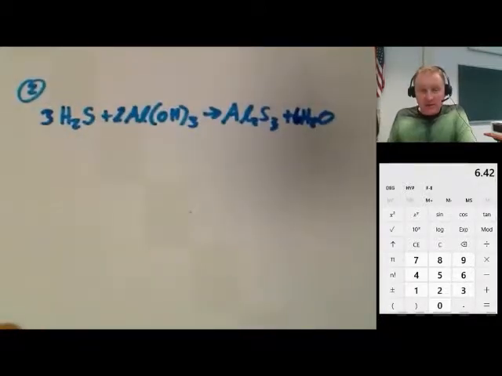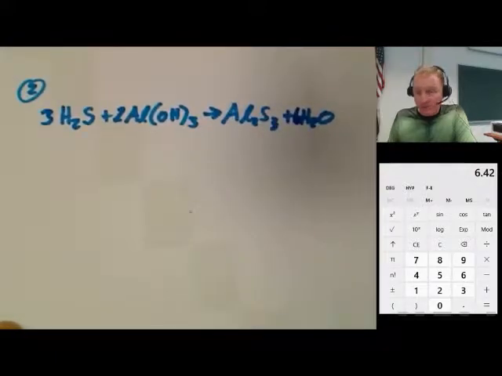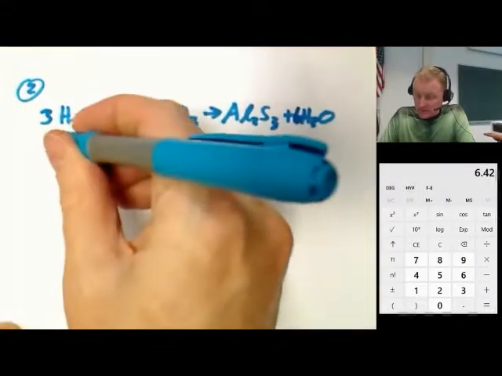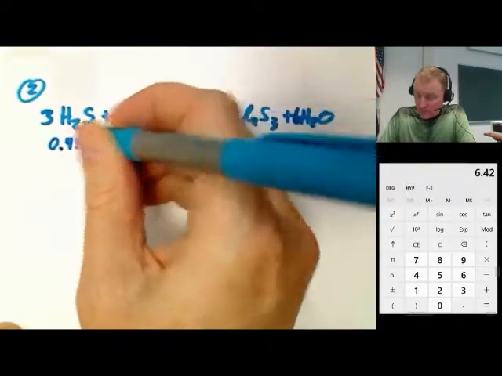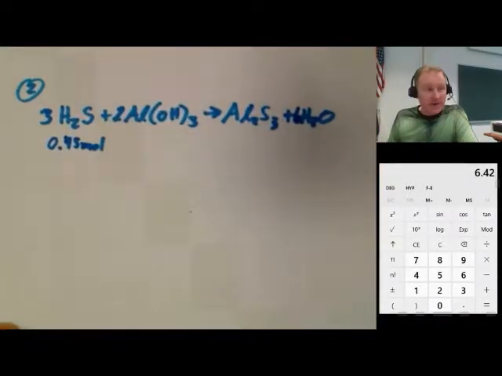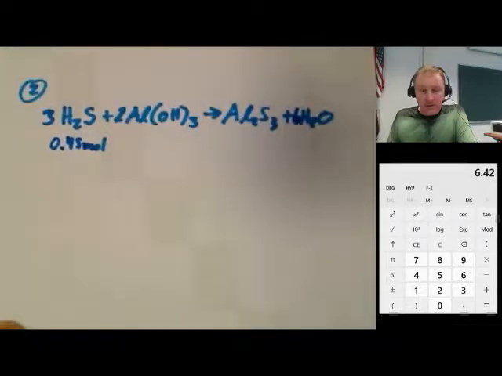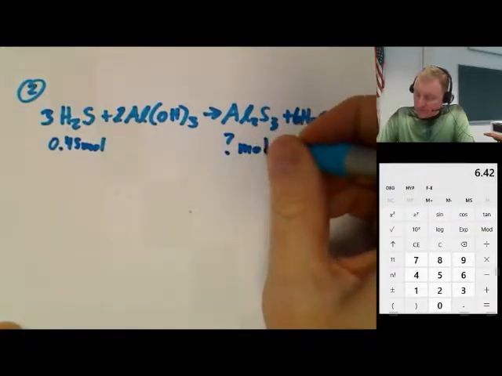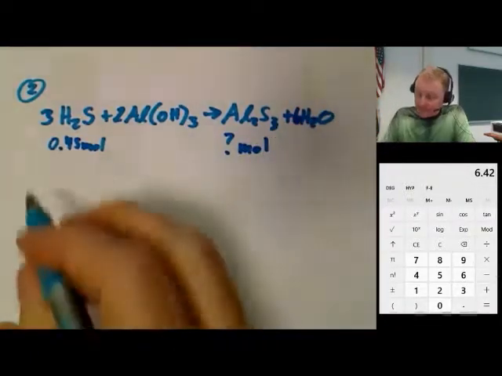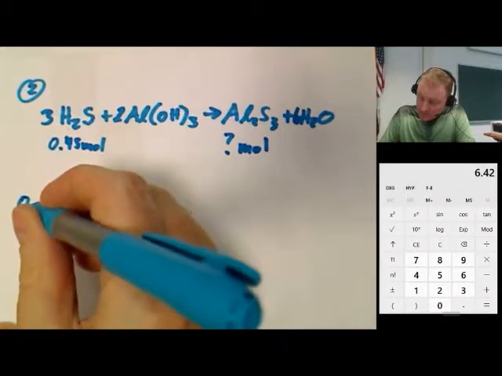The question now says, how many moles of aluminum sulfide are formed when you react 4.5 moles of hydrogen sulfide? So I have 4.5 moles of hydrogen sulfide, and I want to know how many moles of aluminum sulfide. To do that, this is how I would do it.